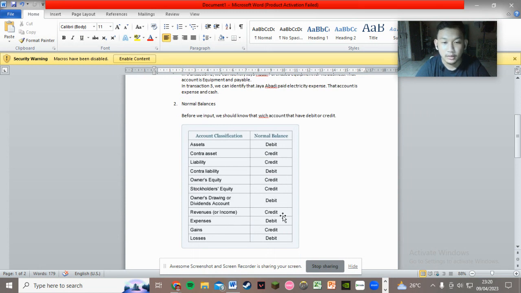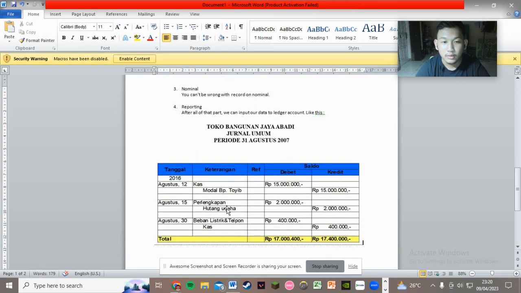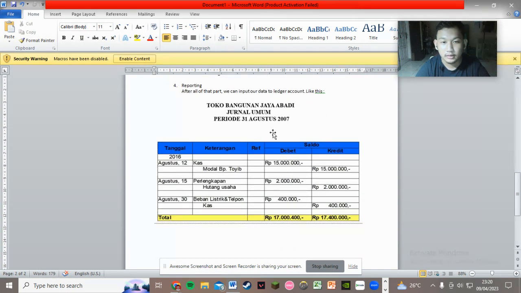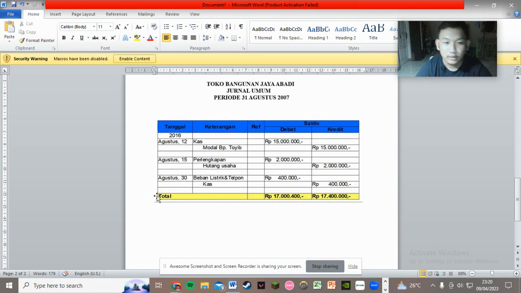Expense will be increased at the debit. Because of that, it will be reported in the ledger account like this. Electricity expense will be recorded at the debit, and the cash will be credit. Okay, we will total it like this.